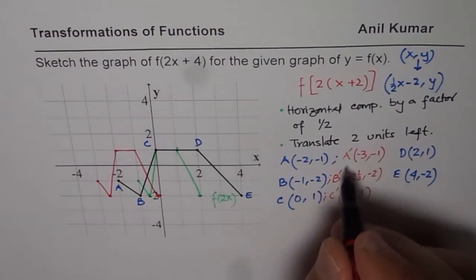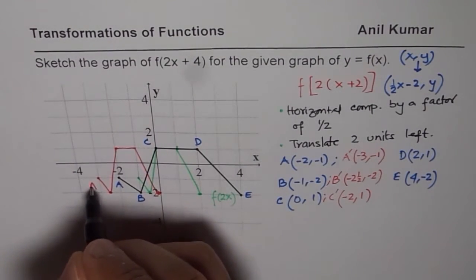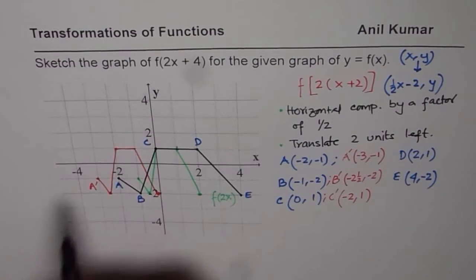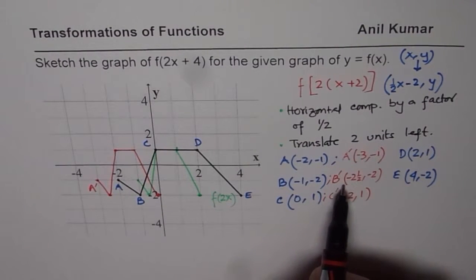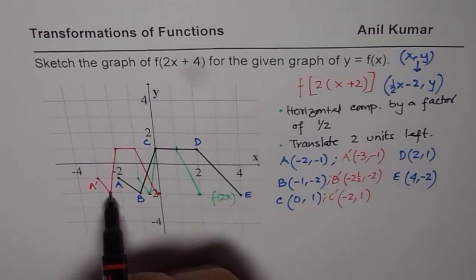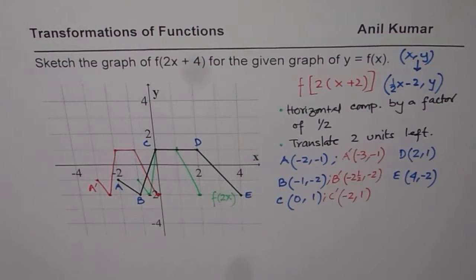So these are the 3 points you can check. A prime is (-3, -1), B prime is (-2.5, -2), and C prime is (-2, 1), right?